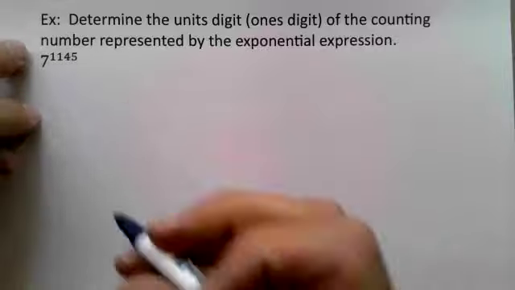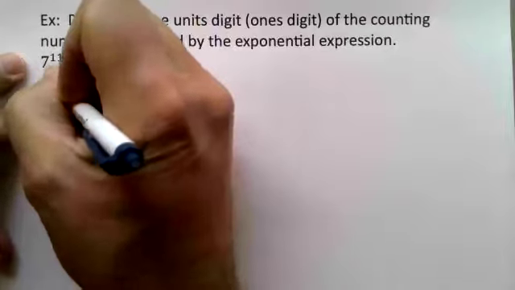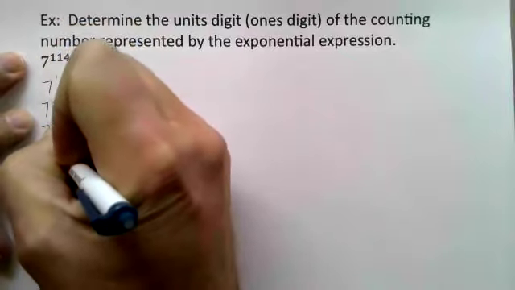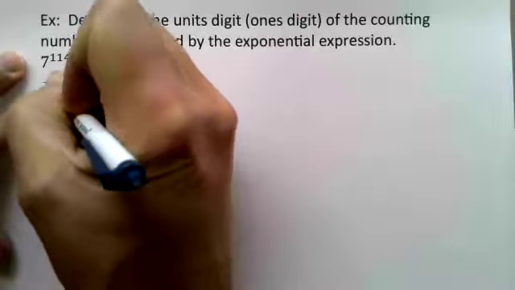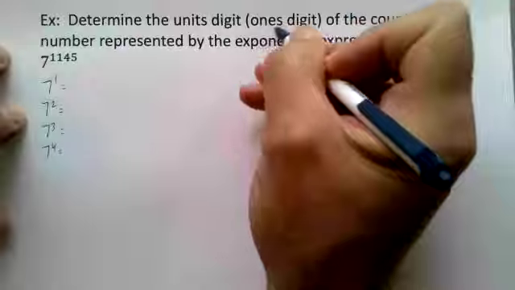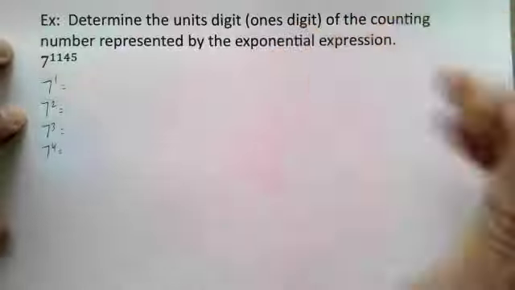So my suggestion is to look at some powers of 7 and see if we can find a pattern in the ones place. Remember, that's just the number on the far right in your answer.